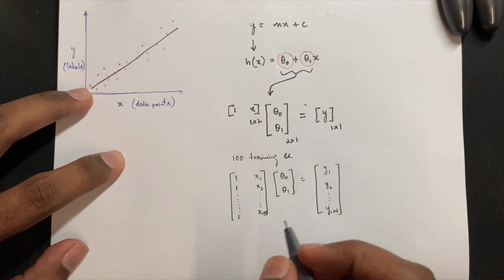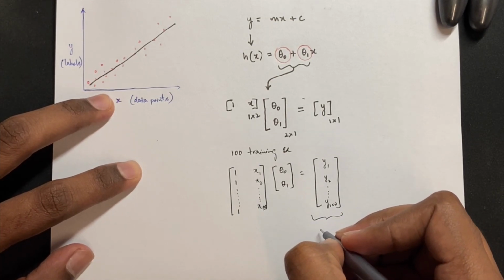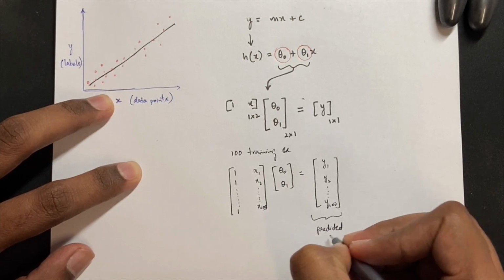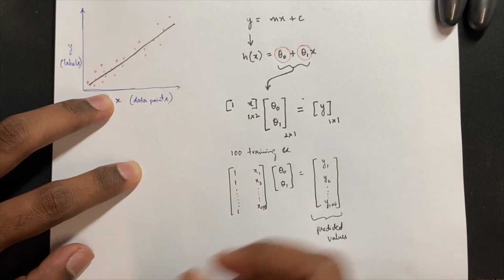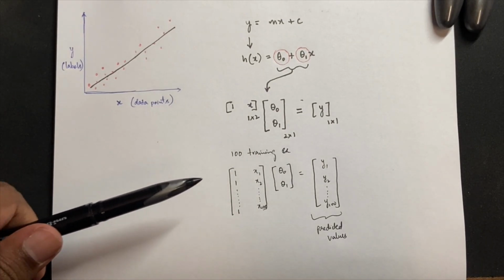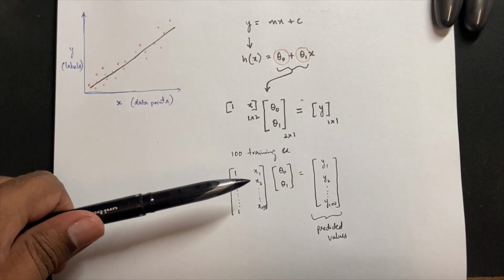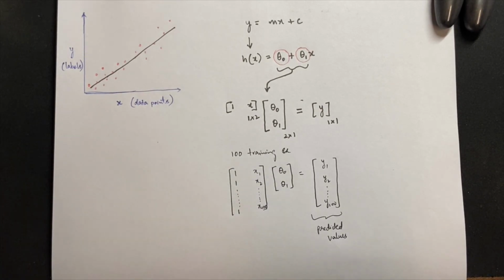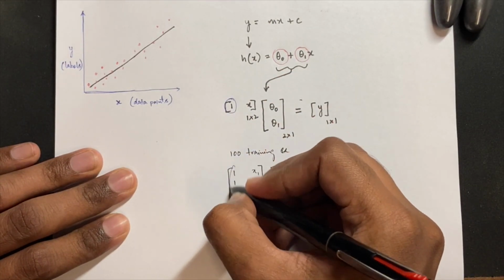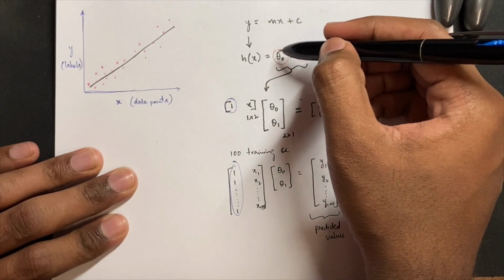So these are the predicted values. This matrix represents the predicted values. So if we implement our code using NumPy, to take a dot product of these two matrices to arrive at predicted values is easy. The reason why we have stacked 1 here is because the coefficient of theta 0 is 1.